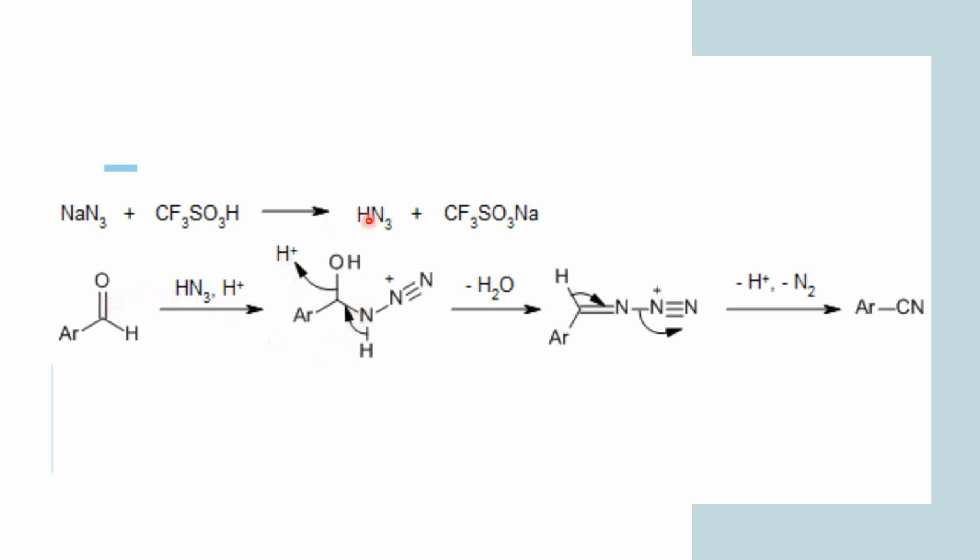Subsequently, a water molecule gets eliminated from the hydroxyazide and we get this azide intermediate, which immediately undergoes nitrogen molecule elimination and deprotonation to give us an aryl cyanide as the final product.